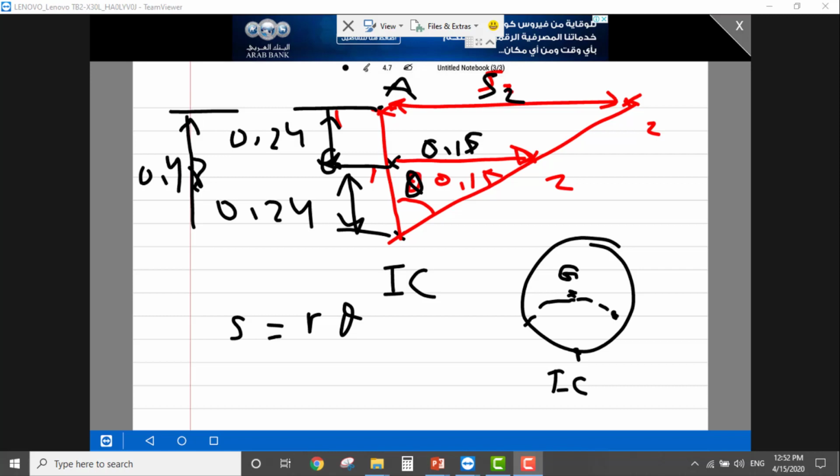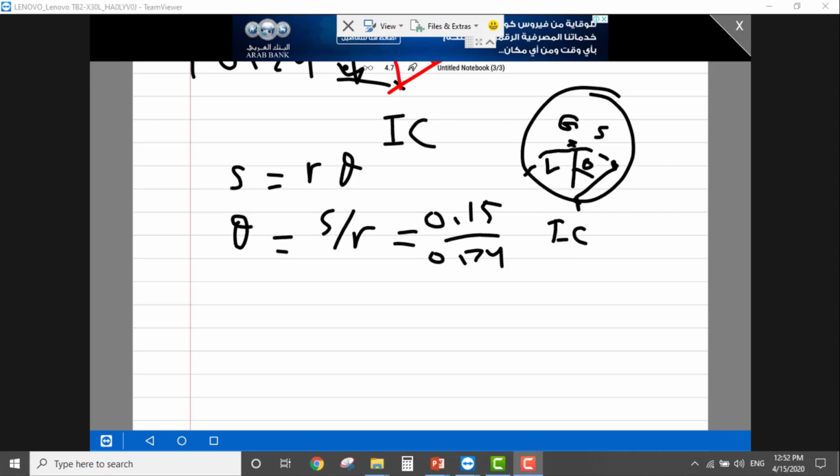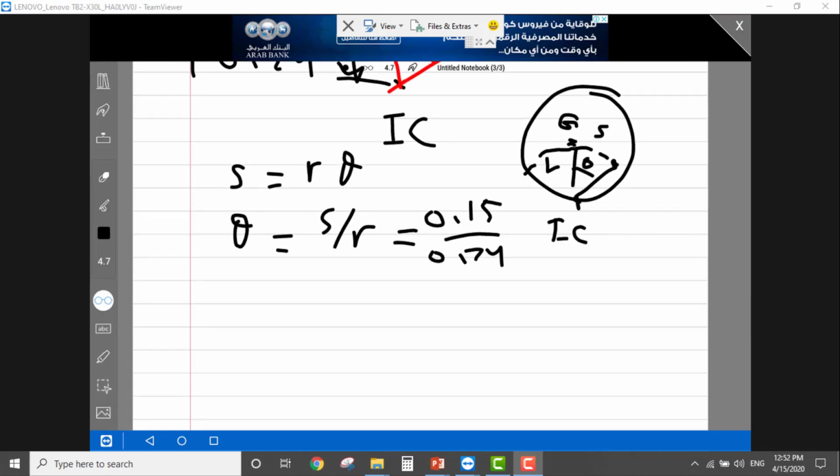So here is the new location, and this is S, which I represented as a straight motion, and here is theta, and here is R. So theta equals S divided by R, which is 0.15 divided by 0.24. This is equal to 0.6 rad. This is theta.